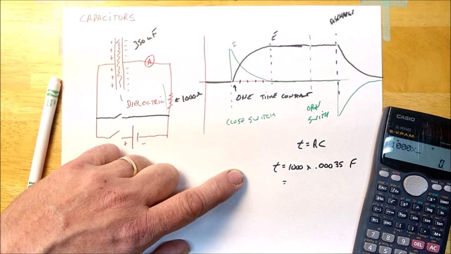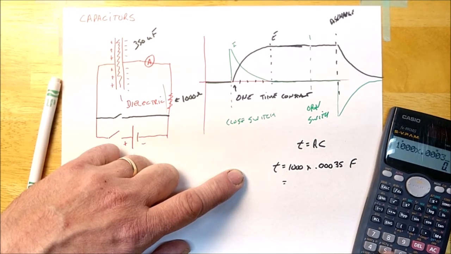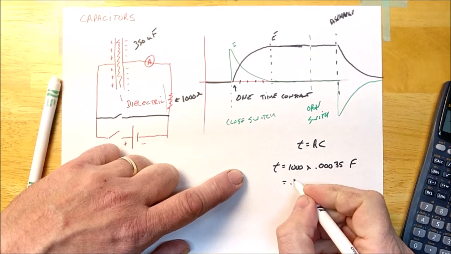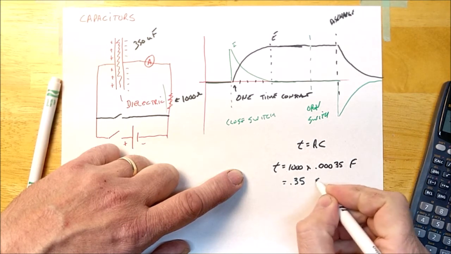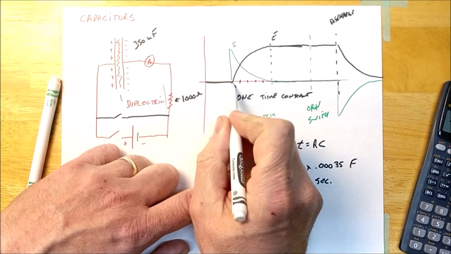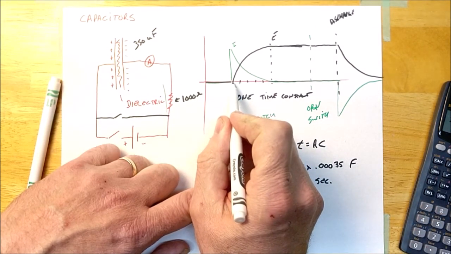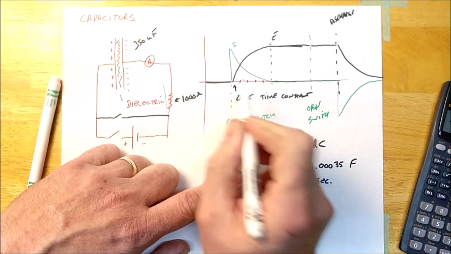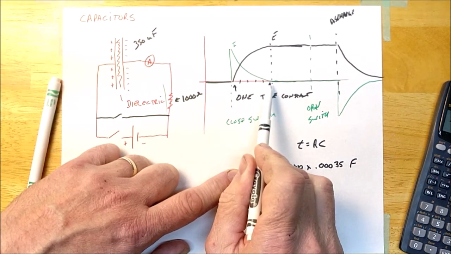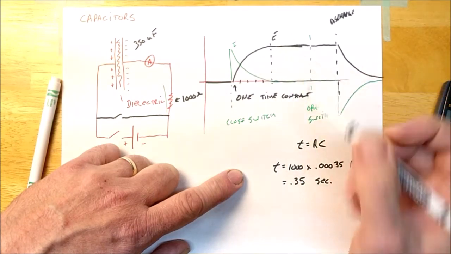And if I do that math, 1,000 times 0.00035, I get 0.35 seconds. And that would be the amount of time it takes to get from here to here, one time constant. There is always 5 time constants in order to fully charge a capacitor.